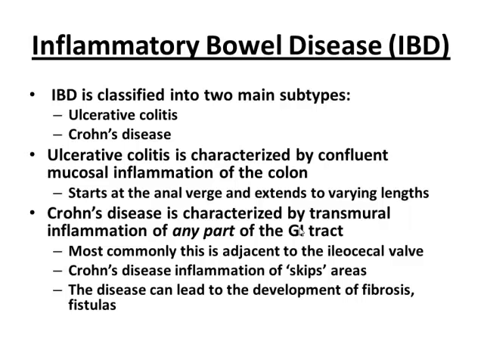Ulcerative colitis is characterized by confluent mucosal inflammation of the colon. That starts at the anal verge and then extends to varying lengths in the intestine. Whereas Crohn's disease is inflammation of any part of the GI tract, so it can occur in different places. The most common is next to the ileocecal valve.